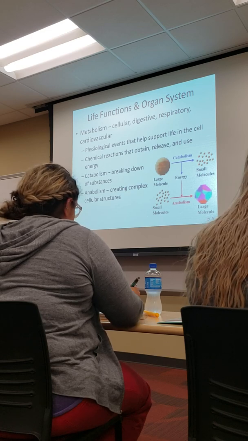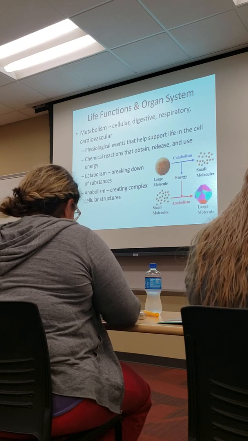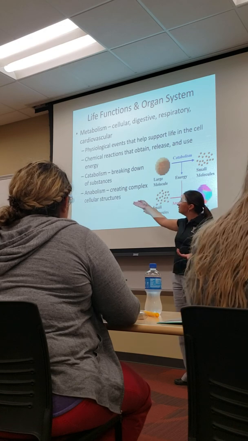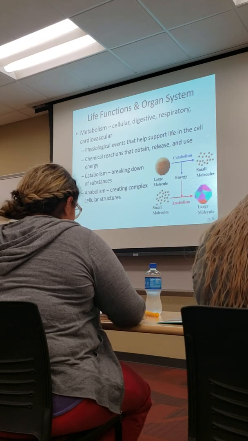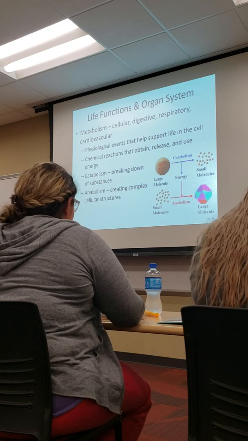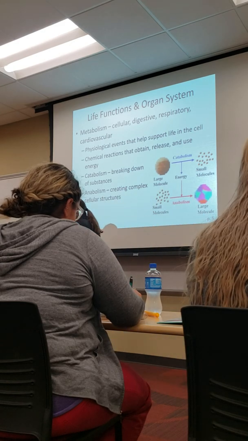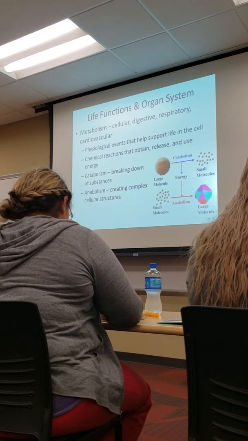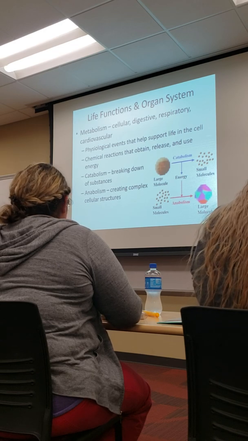We have a lot of different chemical reactions happening in our body, for example, catabolism and anabolism. Catabolism is when stuff gets broken down, right? So when you eat a burger, that burger gets broken down into carbs from the bun, into protein from the meat, all that stuff.